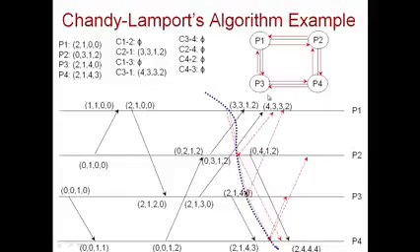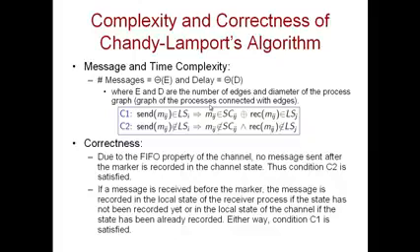So 2 is the diameter of this graph because any two processes are connected by no more than 2 hops on the shortest path. So it takes essentially 2 time units for the processes to have collected these local states, and then of course you have to send everything to the initiating process.